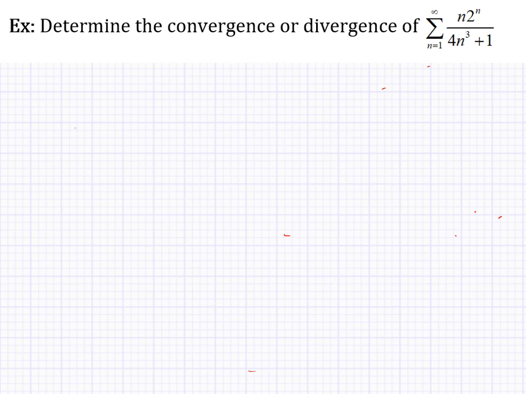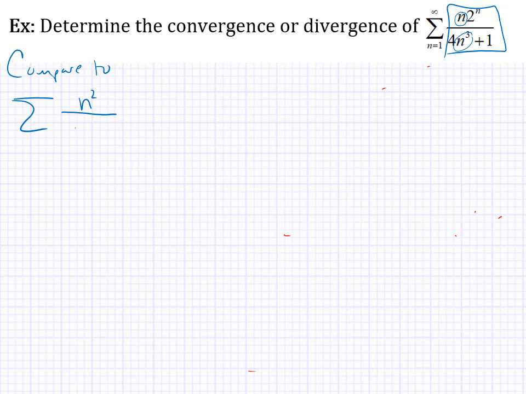So let's say I want to compare to, now remember, we got to think of something that we're going to divide this by so that the numerator and denominator grow at the same rate. So let's see, if I can get an extra n squared up here so that this turns into an n cubed to match up with that.